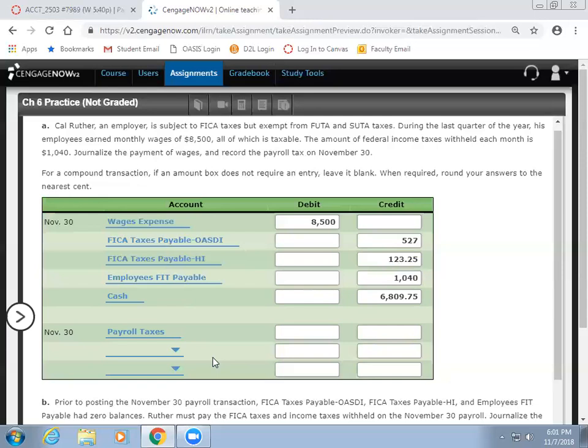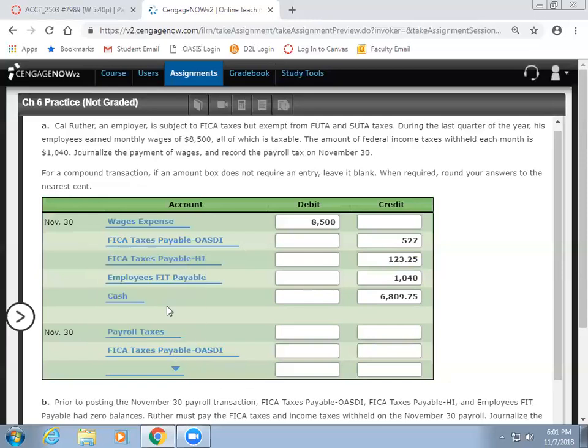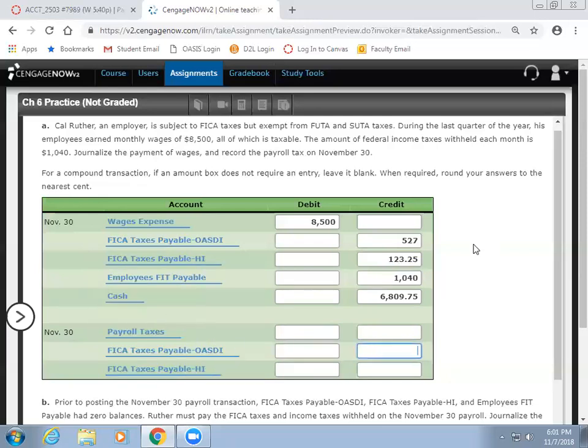And if you remember, it's an equal contribution. So it's the same amounts. So I would put under this one FICA taxes payable, OASDI, and FICA taxes payable, HI. The OASDI would be $527, and the HI is still the $123.25.